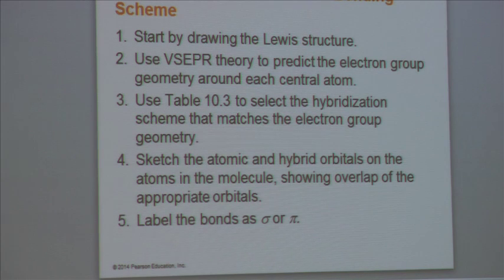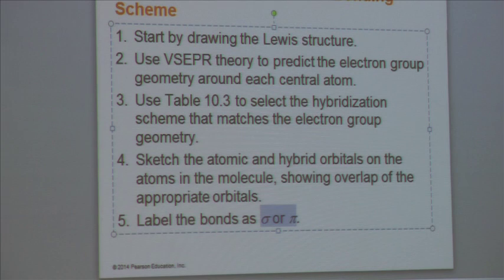So for predicting hybridization and bonding, we again start with the Lewis structure, then use VSEPR theory to predict the electron groups. Then we select the hybridization scheme that matches the electron groups, and label the bonds as sigma or pi.